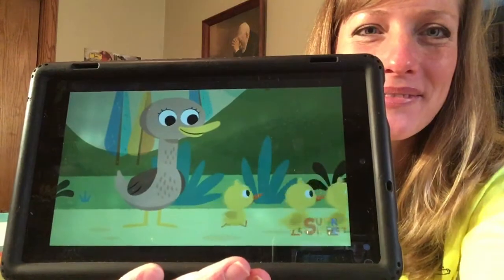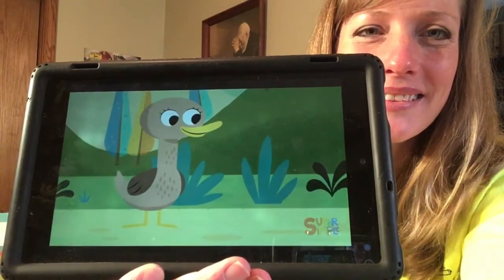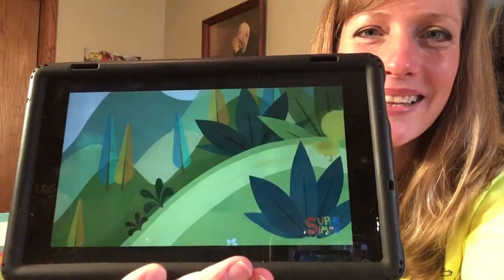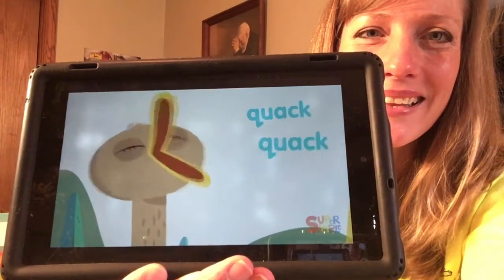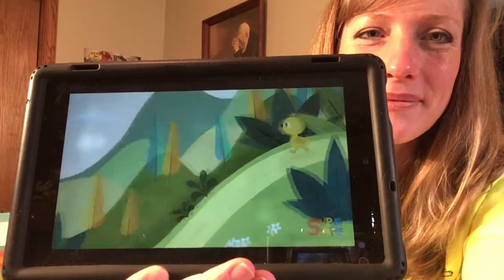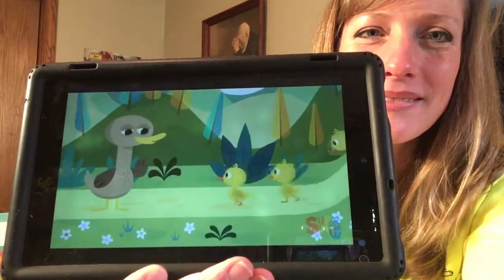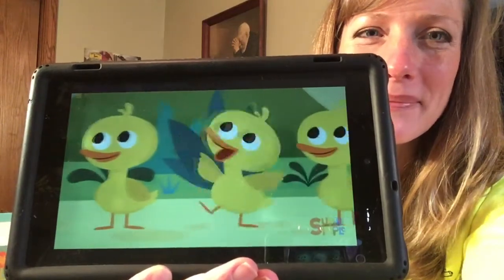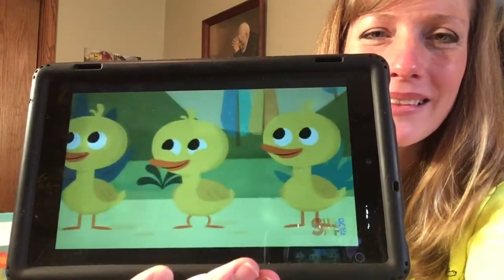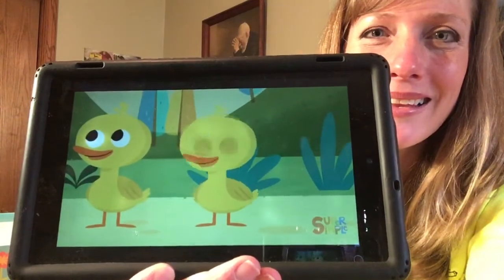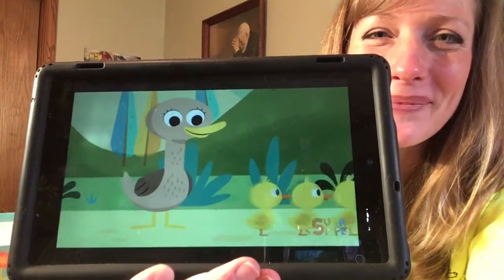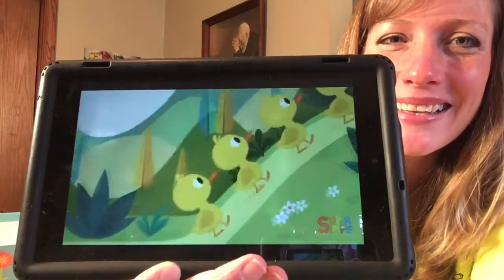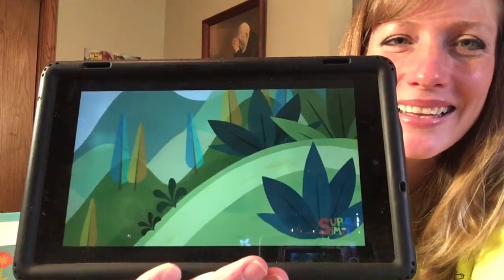5 little ducks went out one day, over the hill and far away. Mother duck said quack, quack, quack, quack, but only 4 little ducks came back. 4 little ducks went out one day, over the hill and far away.